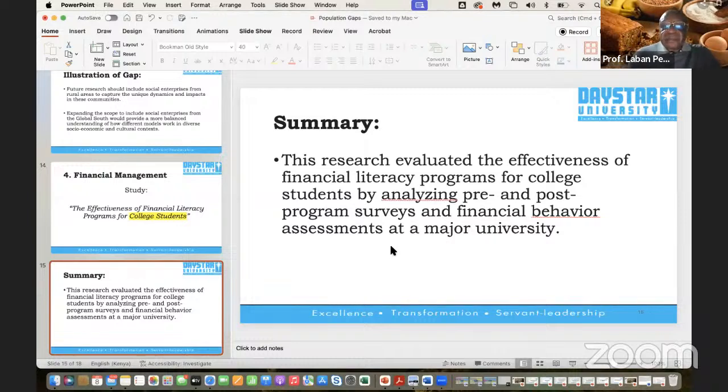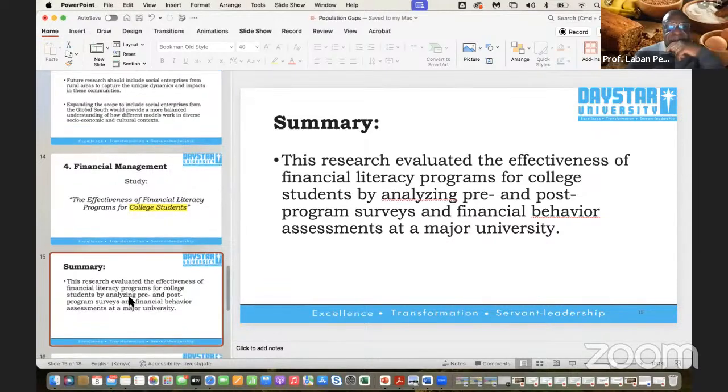So you're not just talking about my problem is financial literacy, you know that this is a population problem and you will be chasing a definite population, a definite sample in that population, and these are the college students.